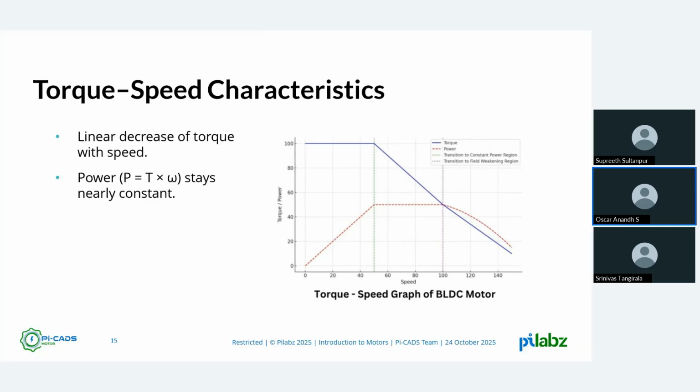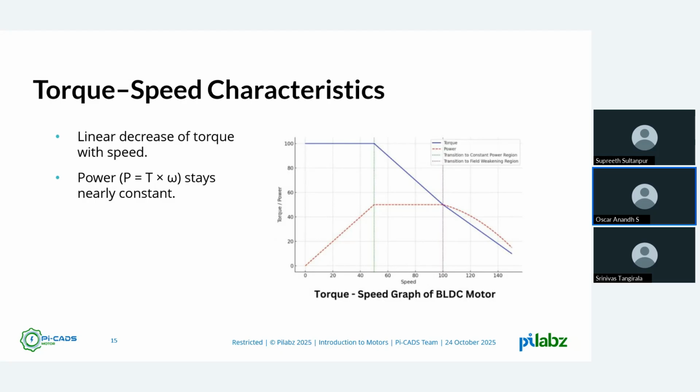And next we will see torque speed characteristics. For every motor, the experts look at the torque speed curve, which is a relation between motor torque and its speed. It tells us how torque changes when motor speed changes.